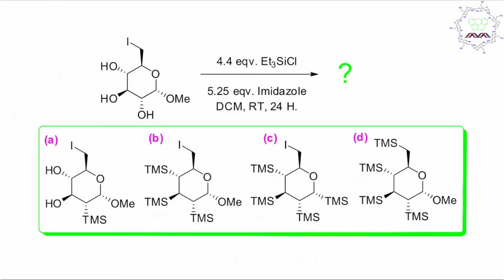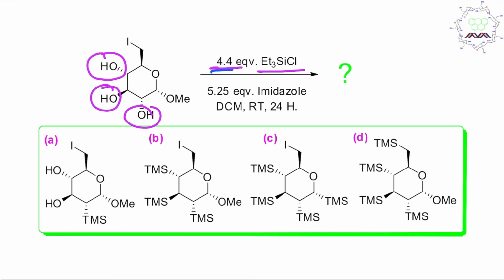So let's come back to our example. This has 4.4 equivalents of triethyl silyl chloride, and what is the reaction product? 3. Now you may think, sir, 4.4 equivalents are taken, but why 3? First of all, 3 hydroxyls are available, student.